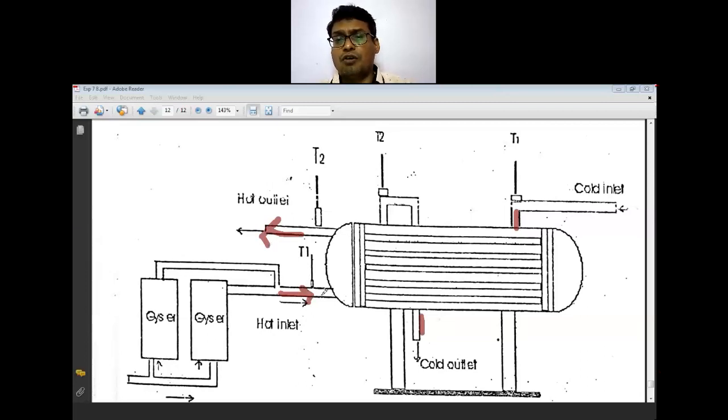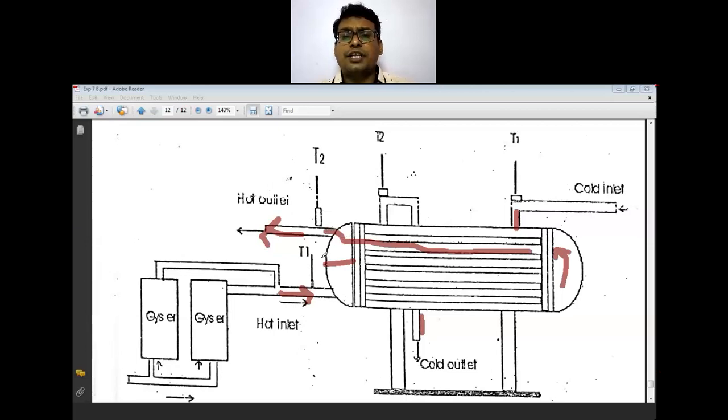So the hot water fluid will enter through the tubes. There is a pass partition plate, which will be on this side. Here the fluid will flow like this, and it will change its direction from here to here, and the fluid moving out from here will be taken out from the outlet.